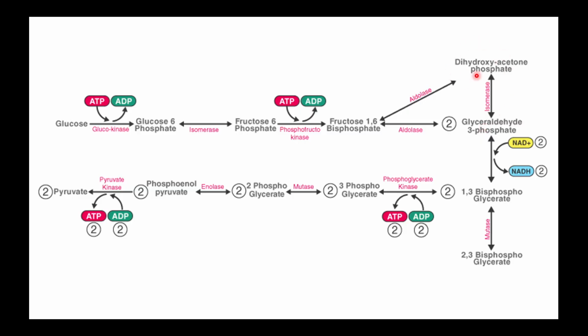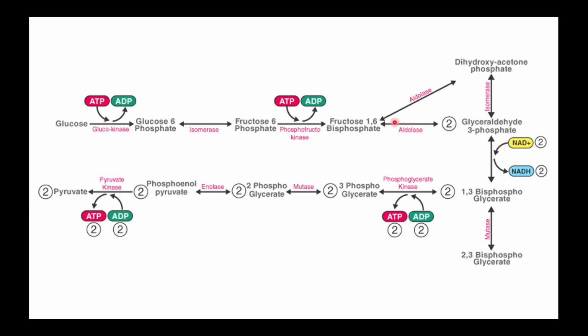This dihydroxyacetone phosphate also gets converted into glyceraldehyde 3 phosphate by an isomerase enzyme. So again an isomerization reaction occurs and we get two molecules of glyceraldehyde 3 phosphate. Effectively, from one molecule of fructose 1,6 bisphosphate, we get two molecules of glyceraldehyde 3 phosphate.